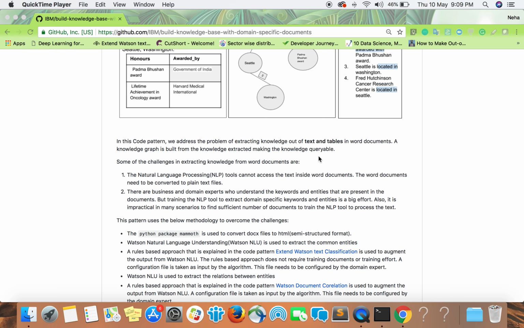And henceforth, it becomes an utter necessity that we process the documents as well as its raw text and also the information present in the tables.